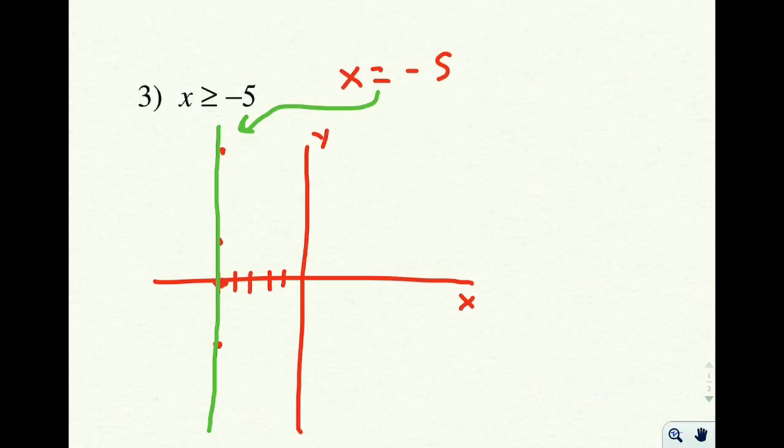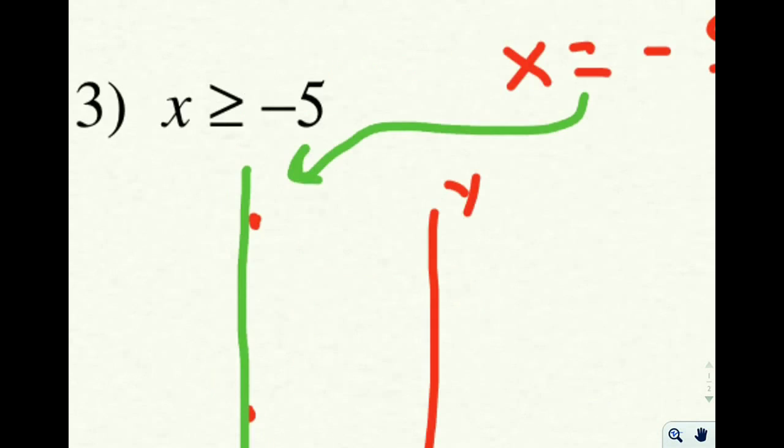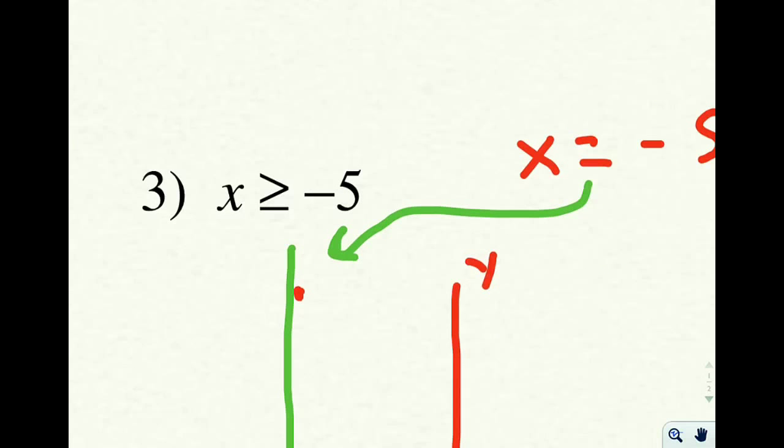Now, two things we have to decide: solid or dashed, and then left or right. In this case, we have the little line below our symbol, so that means it is going to be a solid line, so we'll leave it like that. The other part is, is x bigger than -5 or is x smaller than? I always like to go back to the old analogy that my elementary school teachers used, which is the gator mouth.